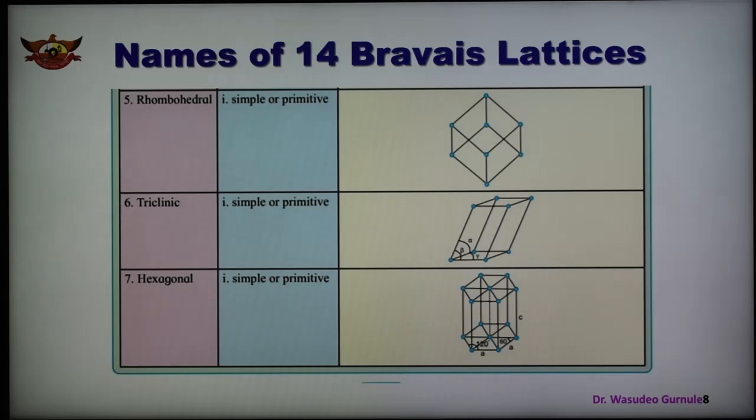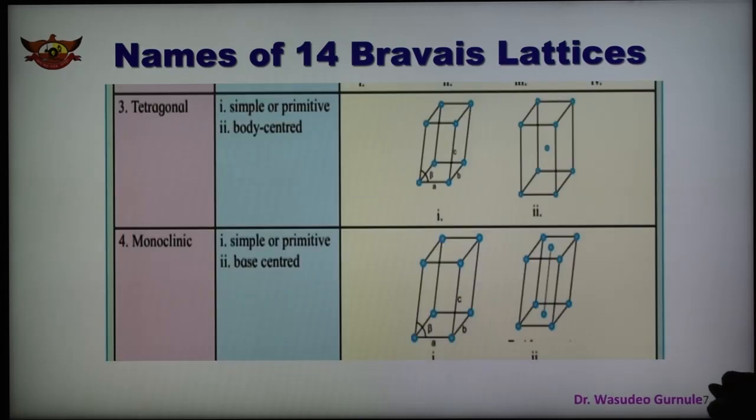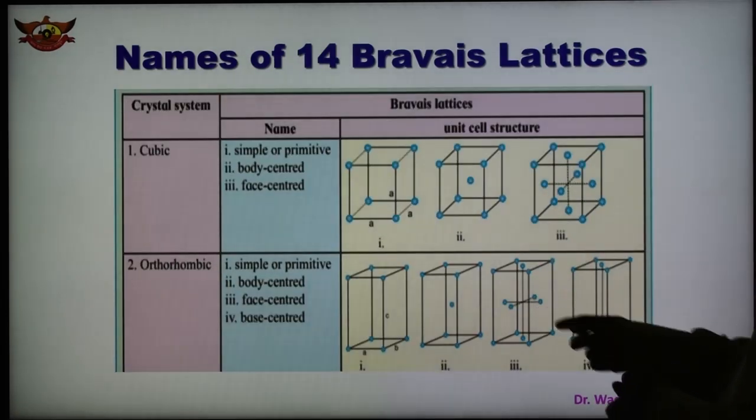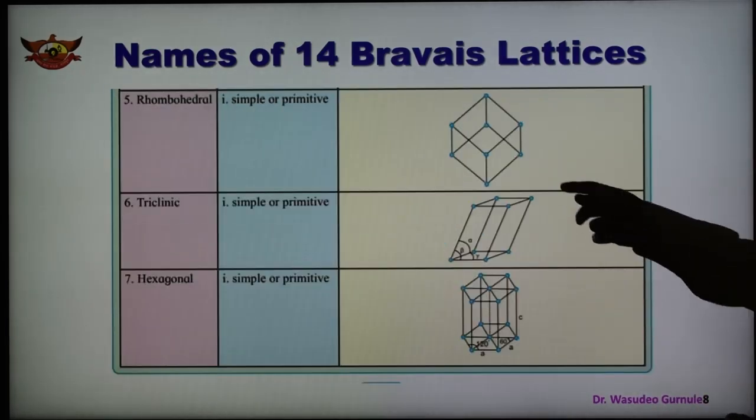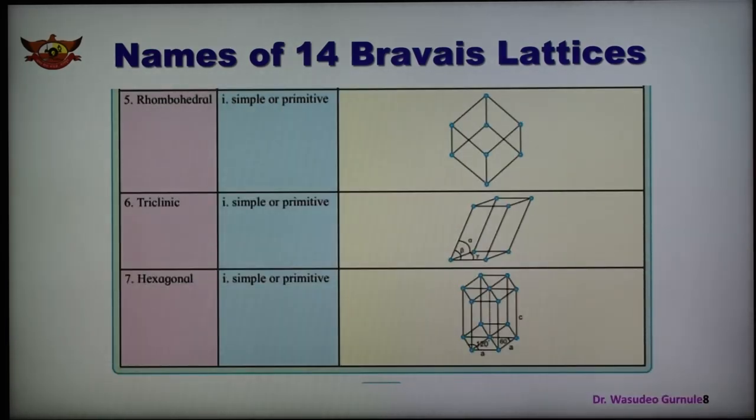So these are the 7 crystal systems and 14 Bravais lattices. Here shown 3 and 4 is 7, then 7 and 4 is 11, 11 and 3, these are the total 14 Bravais lattices, included in the 7 crystal systems. So these 14 Bravais lattices are divided into 7 crystal systems. So these are very important.